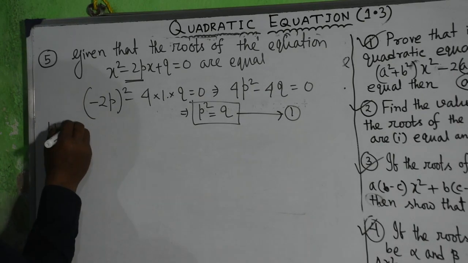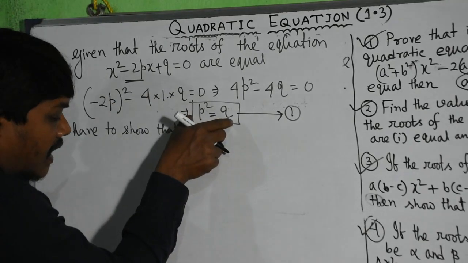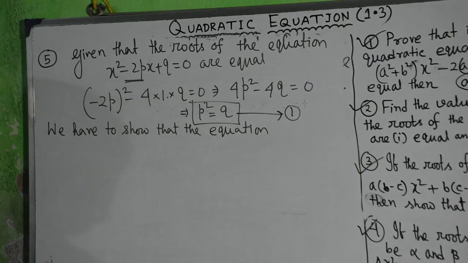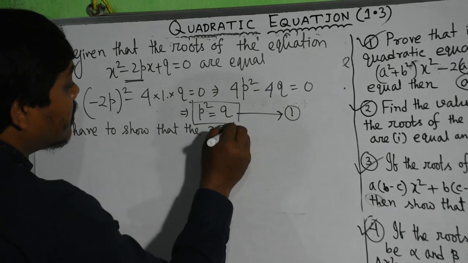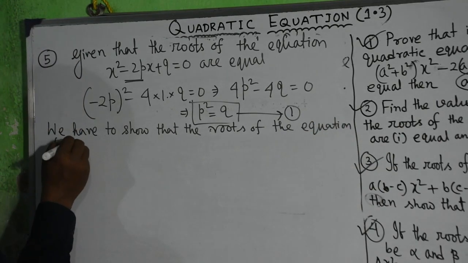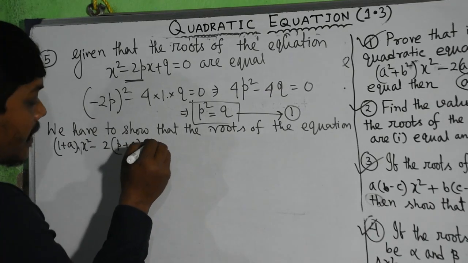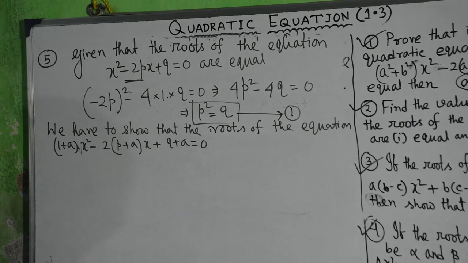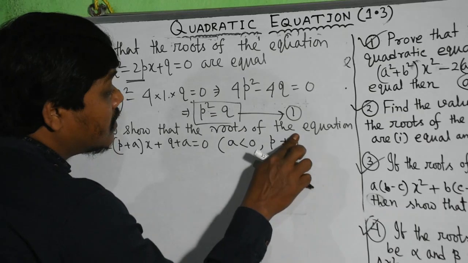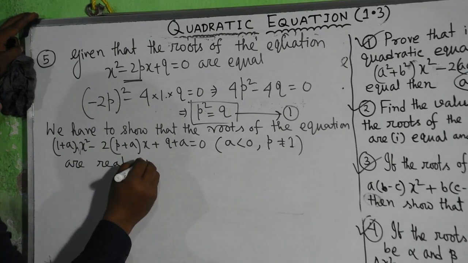So what is our goal? Using this condition, we have to show that the roots of the equation (1 plus a) x square minus 2(p plus a) x plus (q plus a) equals 0, with the condition that a is less than 0 and p not equal to 1, are real and unequal.